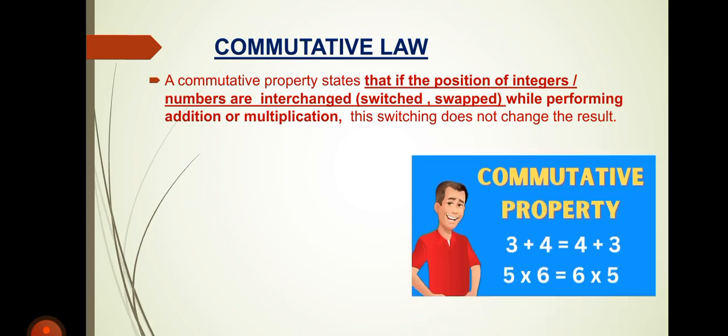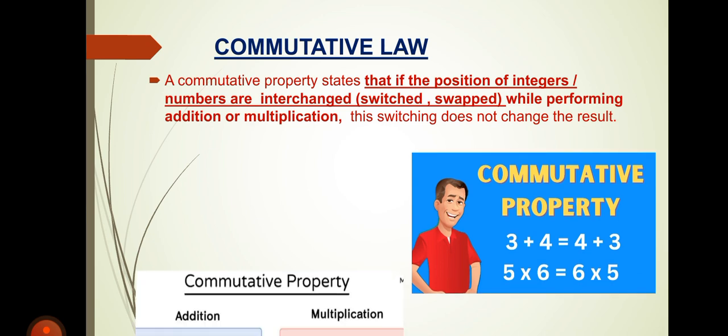That means 3 plus 4 is the same as 4 plus 3 and 5 times 6 is the same as 6 times 5. So students, just remember that commutative law holds true only for addition and multiplication. It is not true for subtraction and division.